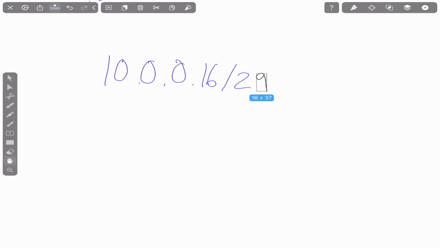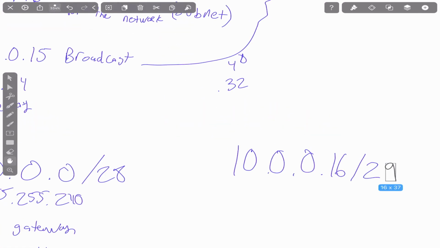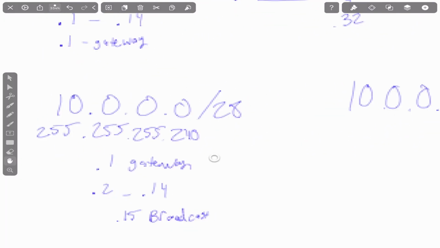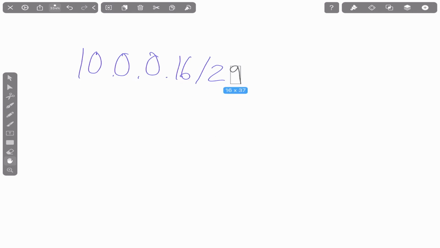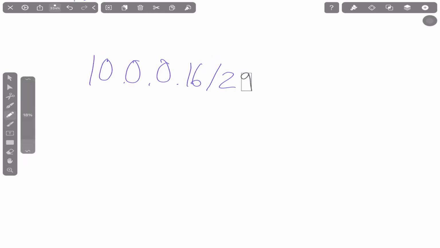We have to remember that with that 16, we're going to borrow another bit. So we're just going to do the same fixed length subnetting as if it's a /29. So /29 is 255.